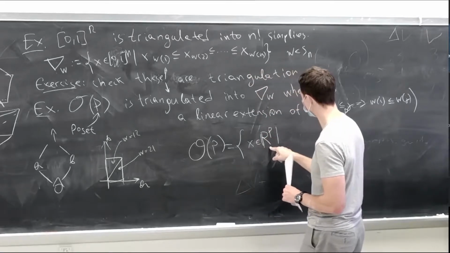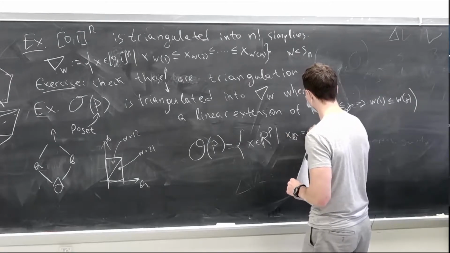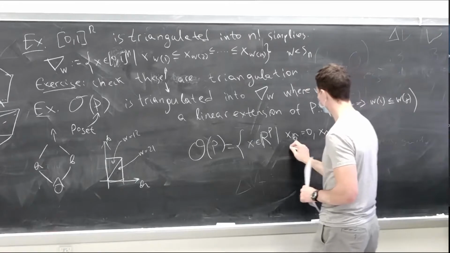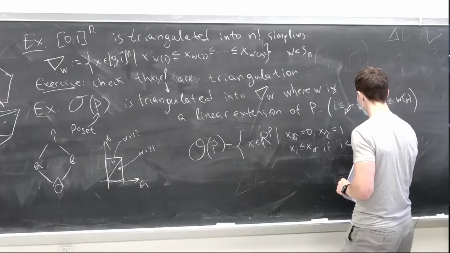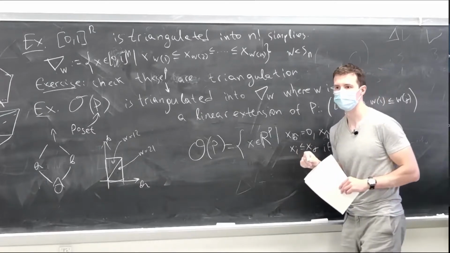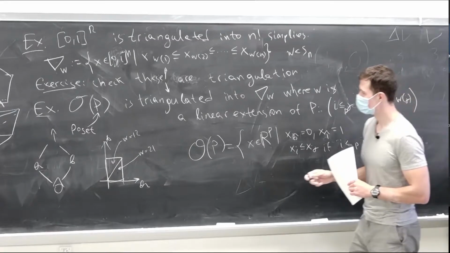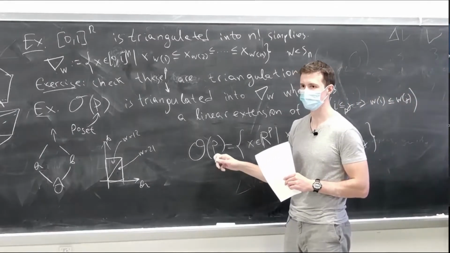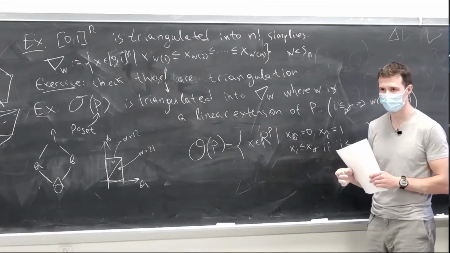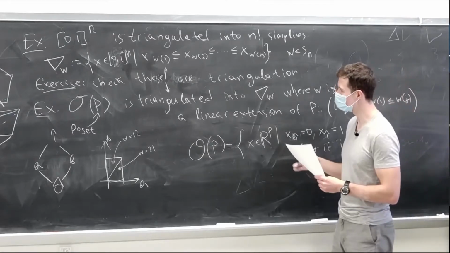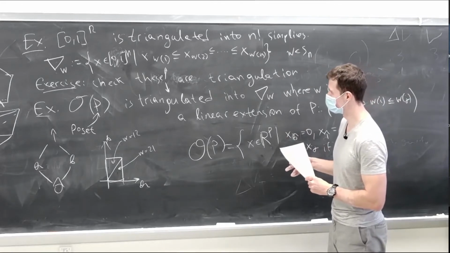It's the set of points which satisfy x_0hat equals 0, x_1hat equals 1, and x_i less than or equal to x_j if i is less than or equal to j in P. That's for poset associahedra. So the order polytope is easy, given as a realization. I know it's confusing. I gave you so many polytopes, and somehow they're all related.